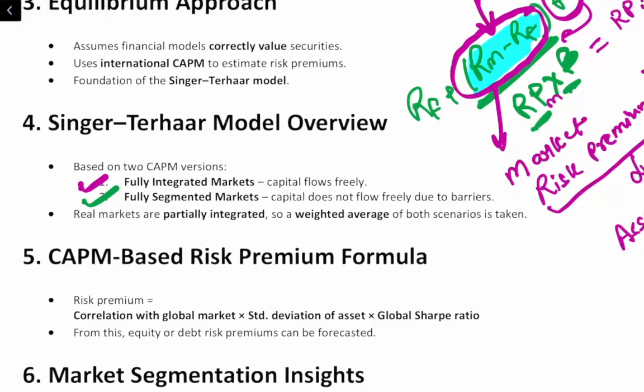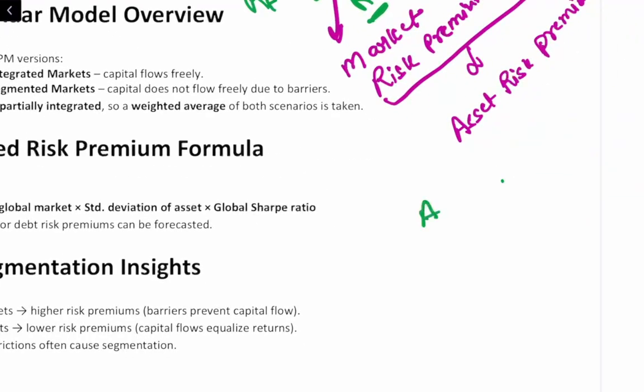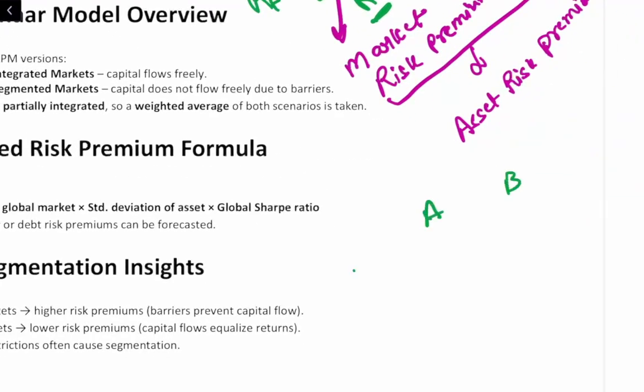But suppose there are two assets A and B. Clear? Expected return and risk. Suppose expected return is 16%, 18%. Risk is say 7%. Now tell me which asset you prefer.